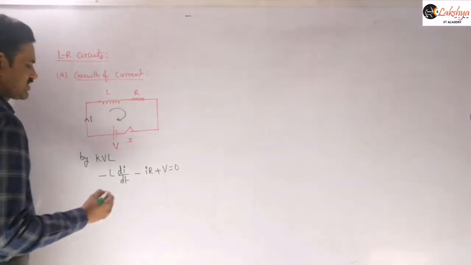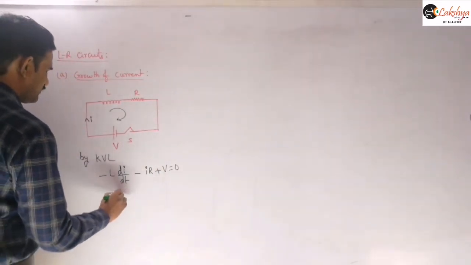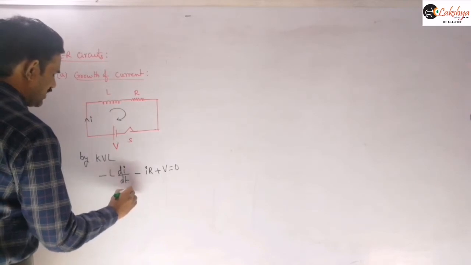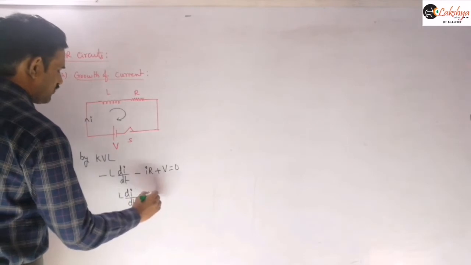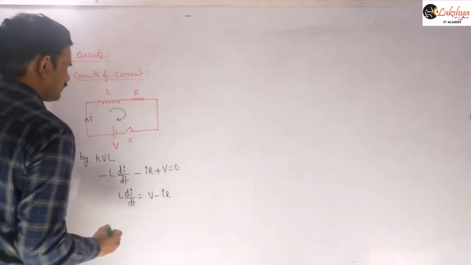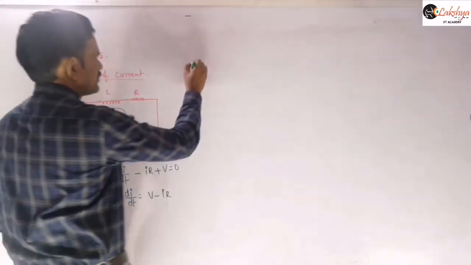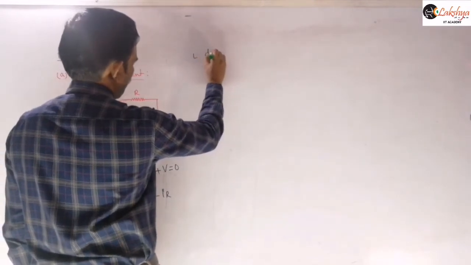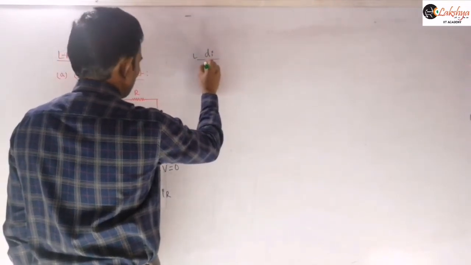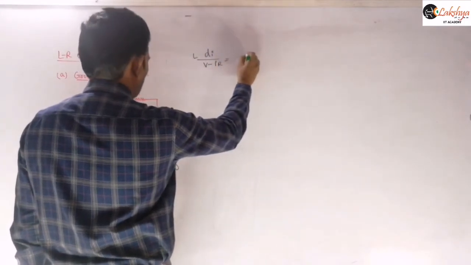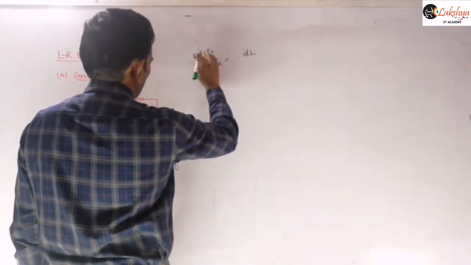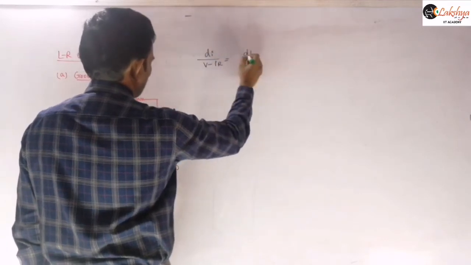Right? So just rearrange the terms here. L into di by dt is equal to V minus IR. Just by rearranging the terms, you can integrate this. So di by (V minus IR) is equal to dt, and L also you can write that side.